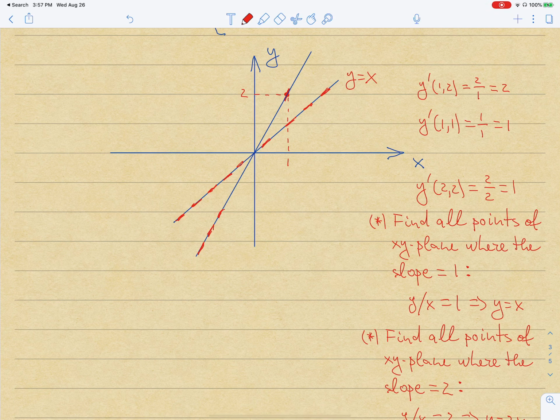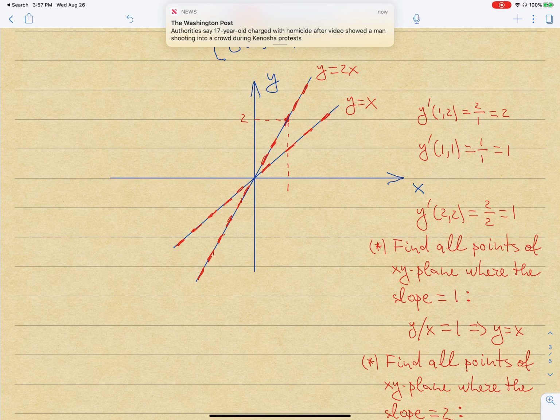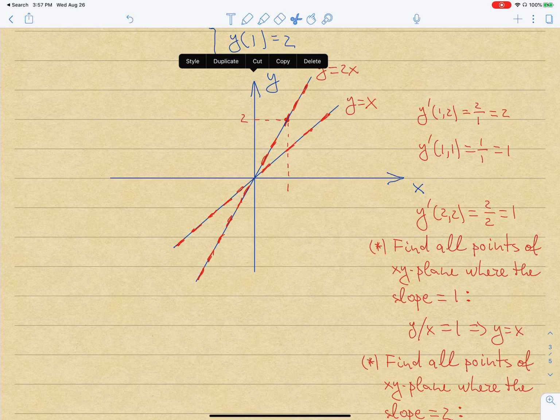So what can we see? We can see that everywhere on the line y equal to 2x, the slope is equal to 2. So if I start from my original point, then the slope is 2. So I move along the line a little bit up here. I measure the slope at this point. It's still equal to 2.